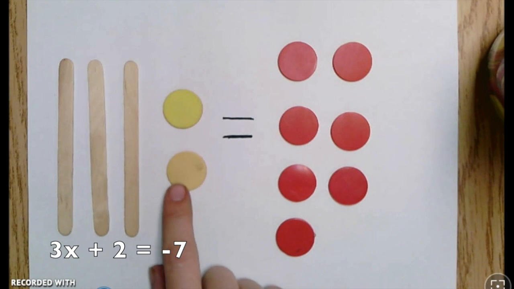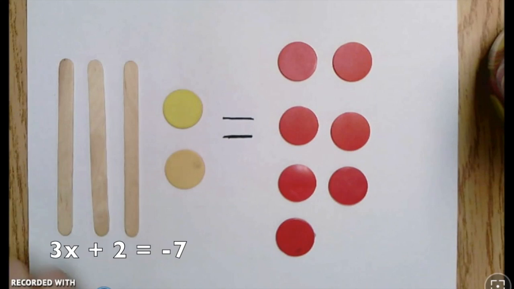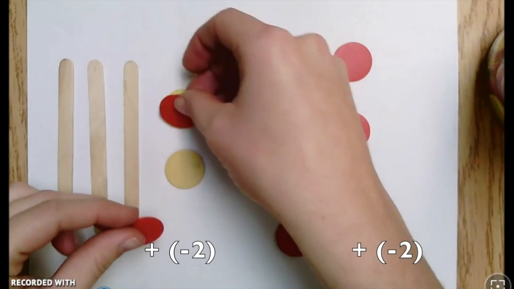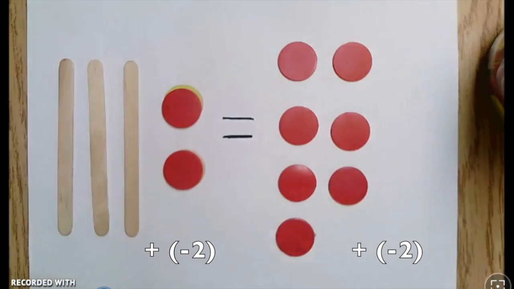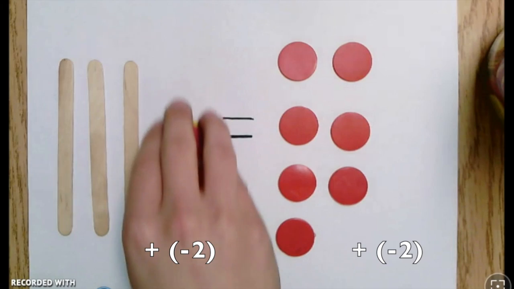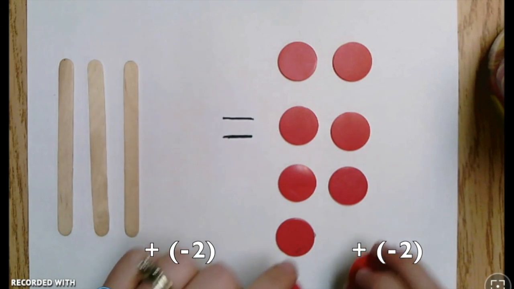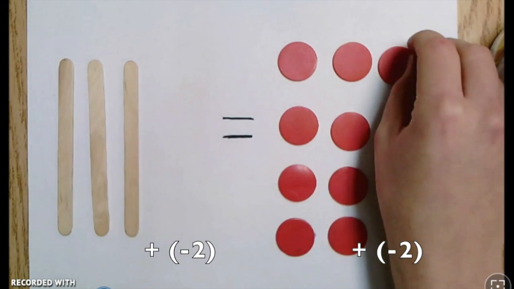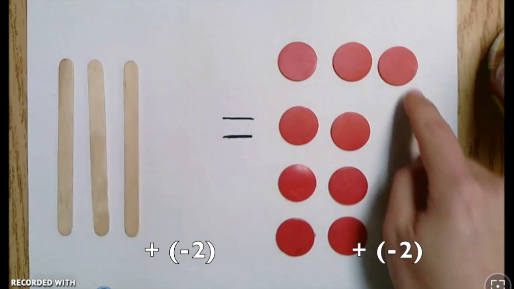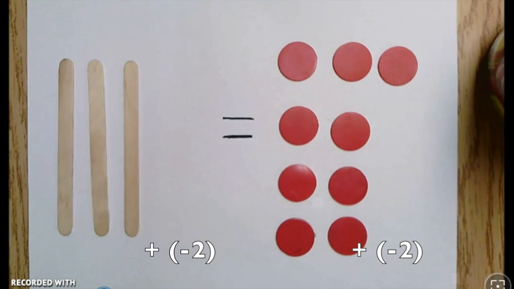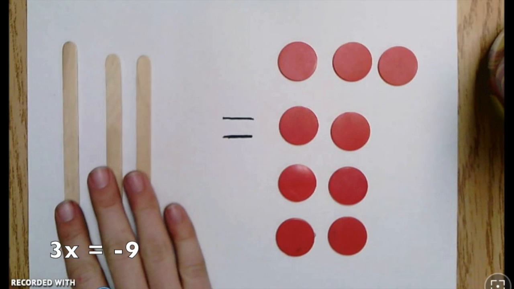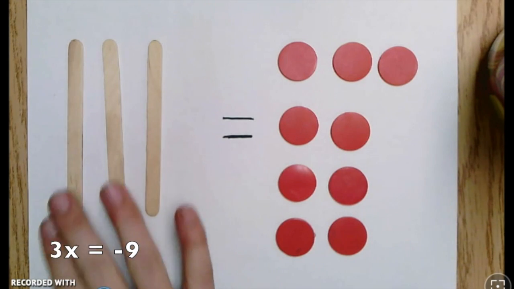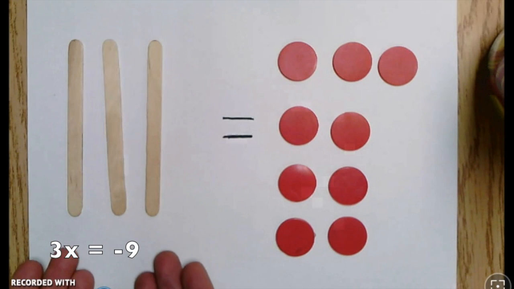If I have +2 and I want to cancel them out, I'm going to add a -2. Whatever I do to this side, I need to do the same thing to this side. So I added a -2 here as well. Now I have all my tiles on one side, and I still have 3x, and I only want to know what 1x is.